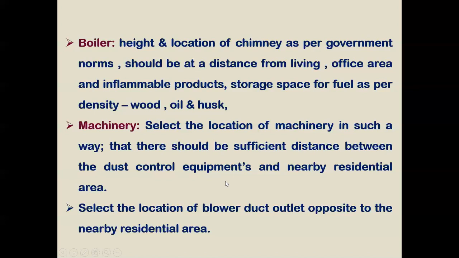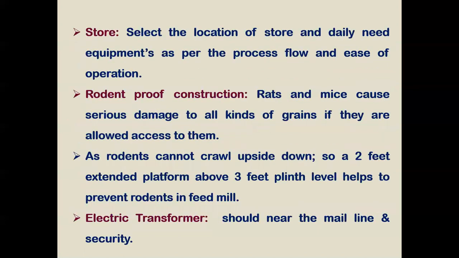One dust control equipment is there in the feed mill, so sufficient distance between the dust control equipment and the residential area should be there, and properly select the location of the blower duct outlet, which should be opposite to the nearby residential area, to avoid or check environmental pollution or direct contact with human beings.